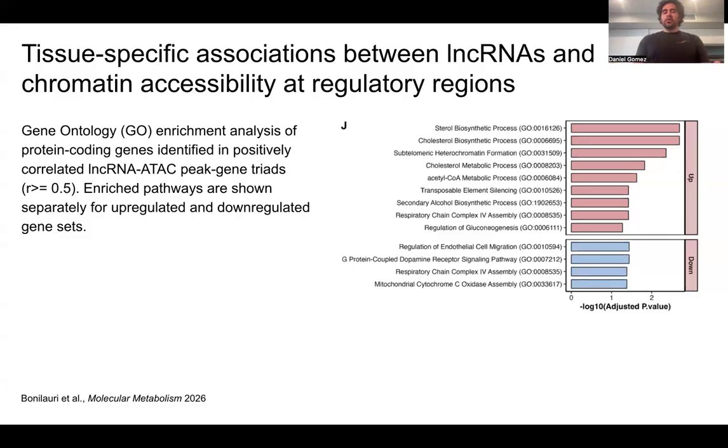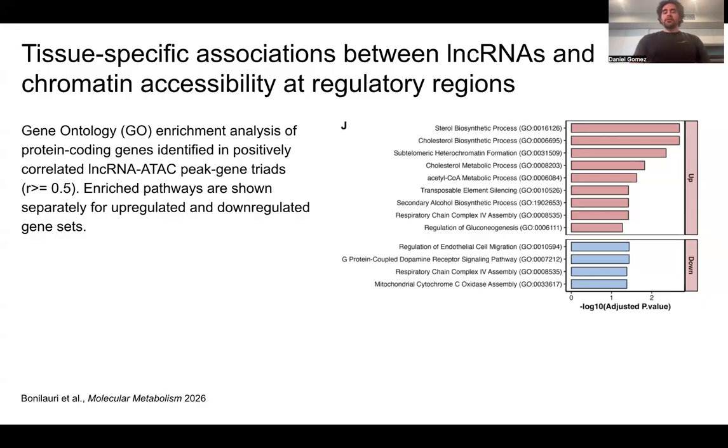So these are the ones that go up: the sterol biosynthesis process, the cholesterol biosynthesis process, and the subtelomeric heterochromatin formation, as well as the cholesterol metabolic process. There's also some acetyl-CoA metabolic process, and other GO terms as well.